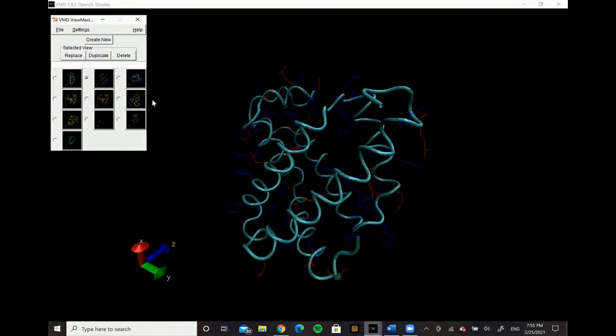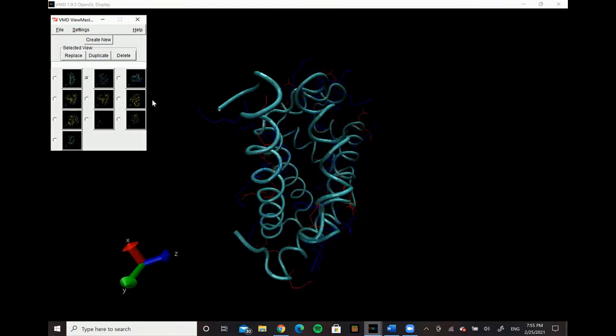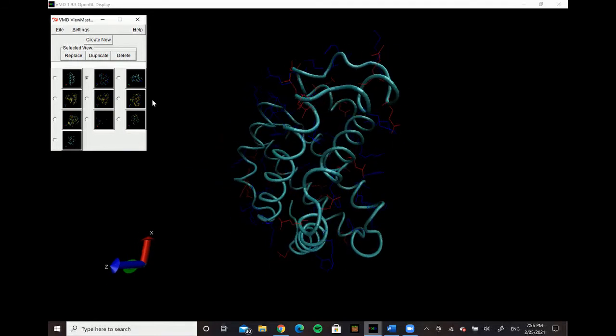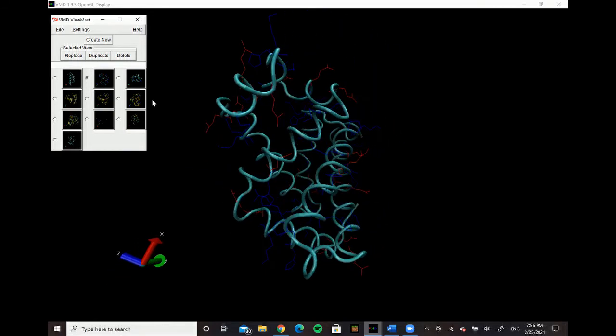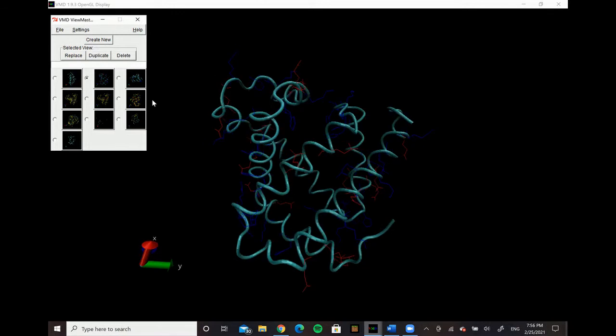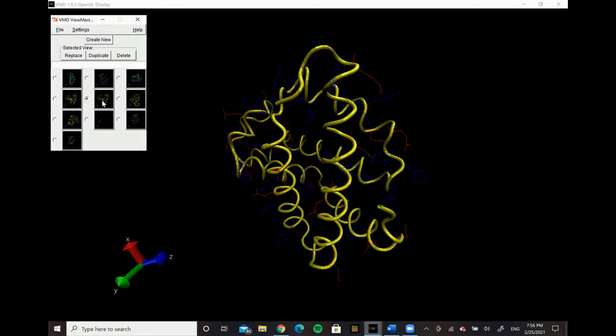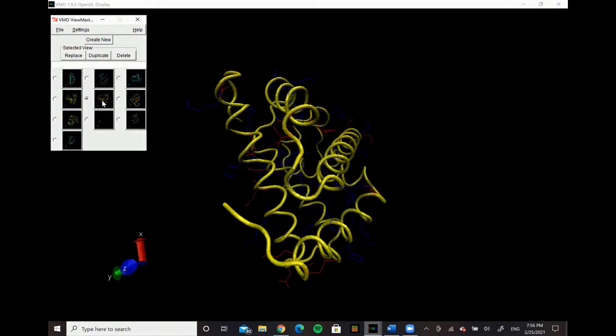And then this is 1 MOB with the charged residues. The red is the negatively charged residues, and the blue is the positively charged residues. And then we see the same here for 1 MOC.